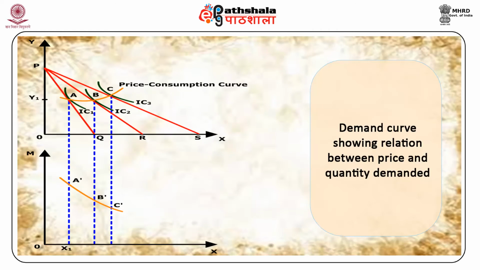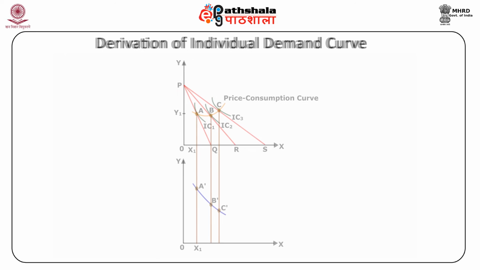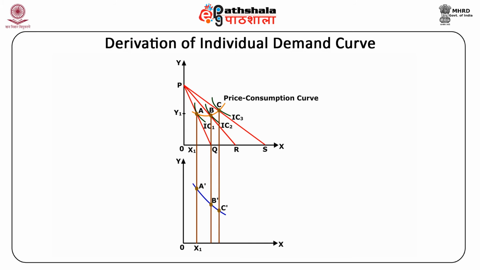The demand curve of an individual, which shows the relationship between price and quantity demanded, can be easily derived from the price consumption curve, as shown in the lower panel of the figure. The horizontal axis in the lower panel measures quantity of good X as in the top panel, but the vertical axis measures the price of commodity X.